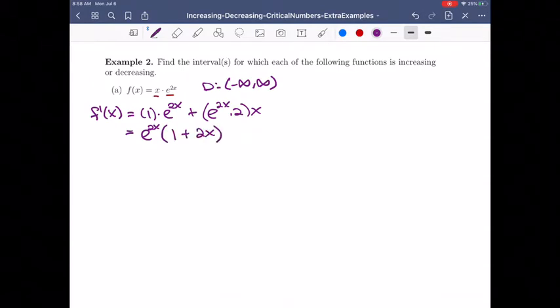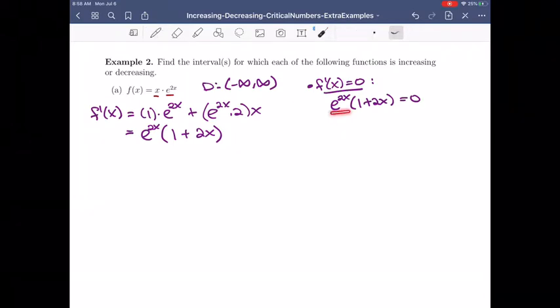So that's my derivative. So, where is this derivative equal to 0? So that's going to be e to the 2x times 1 plus 2x is equal to 0. So that means, like I said before, when you have things that are multiplied equaling 0, one of them has to be 0.